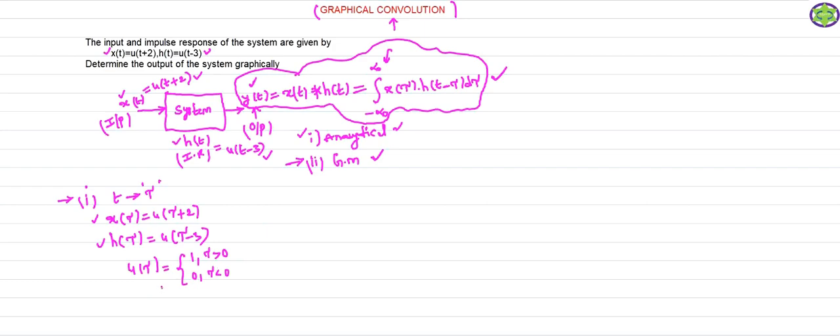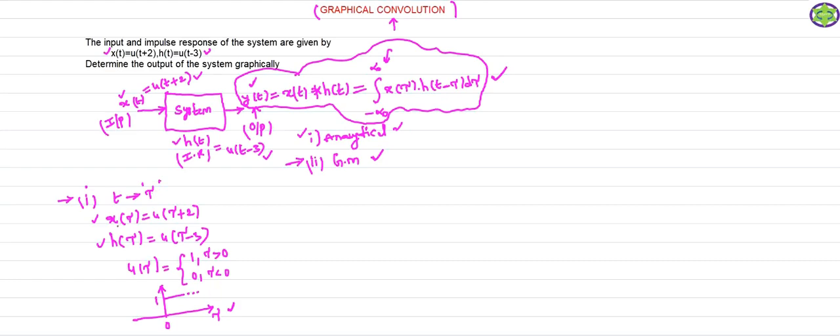So this is your u of tau, defined as 1 for tau ranging from 0 to infinity, with magnitude 1. Remember, here the variable is tau, not t, because I replaced t by tau.